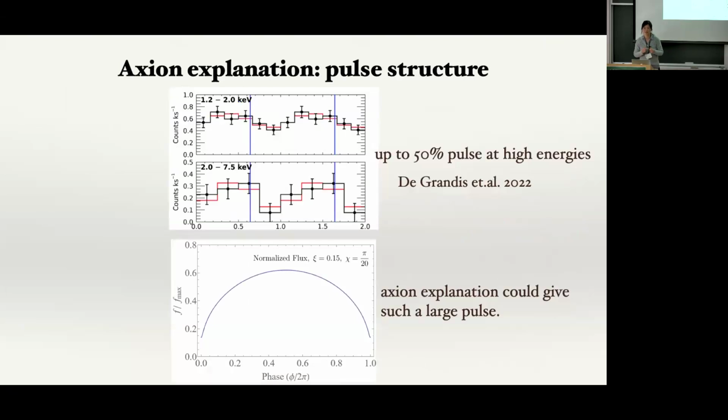Another observable is that the flux of these hard X-ray photons has a high pulsation fraction. Pulse fraction means the maximum flux minus minimum flux divided by the sum. Above keV, this pulse fraction could be as large as 50%. Again, this could be explained by the axion.